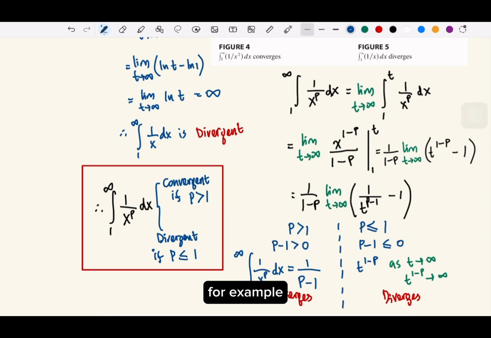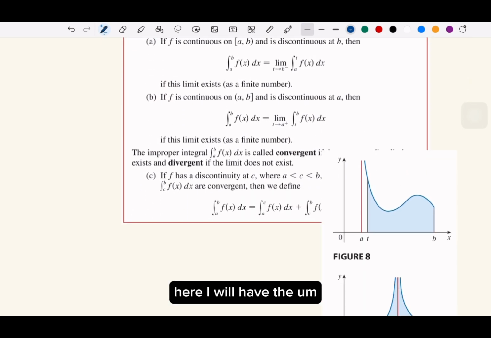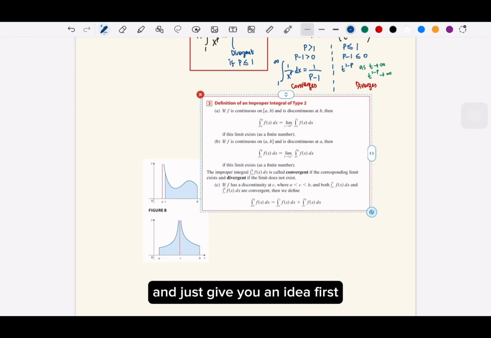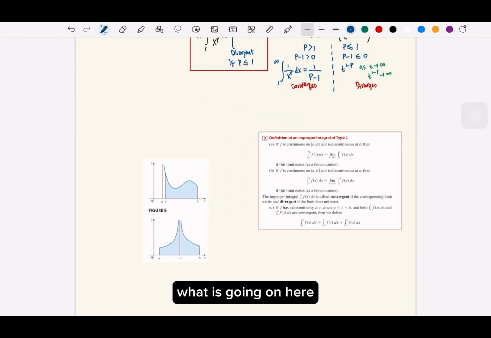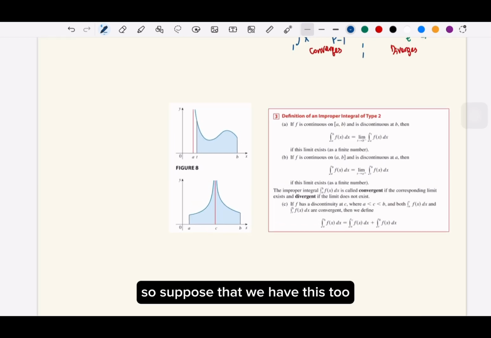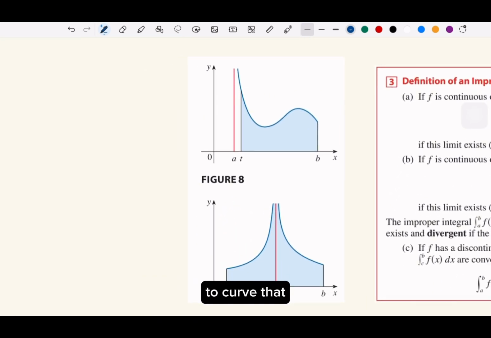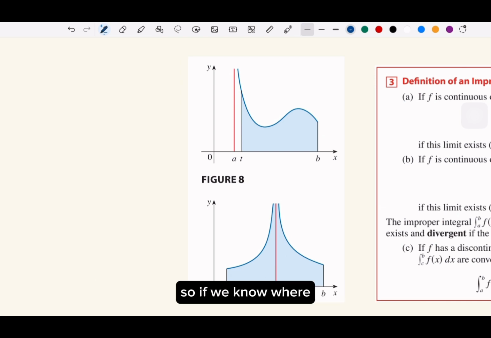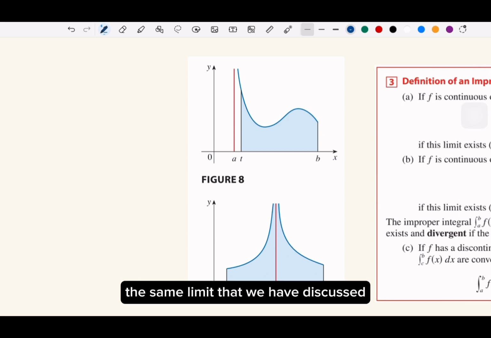For example, let me just write and give you an idea first of what is going on here. Suppose that we have these two curves, and let's say at this A we have an asymptote, and this C is also an asymptote. So this is where the discontinuity happens. This is when x equals A, this is when x equals C. Now we can try to find it using limits, the same limit that we have discussed.